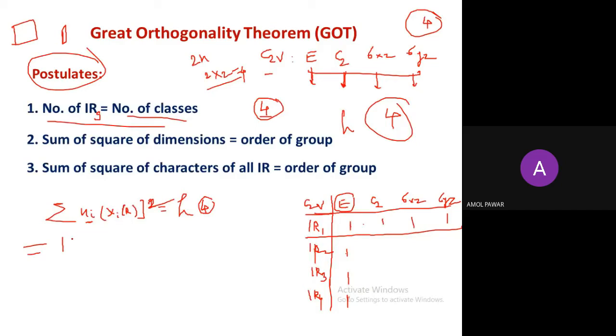So we can write 1 into 1 is here 1 E, 1 C2, 1 sigma xz and 1 sigma yz. Okay, so 1 into chi2, character 2 of irreducible representation, square.